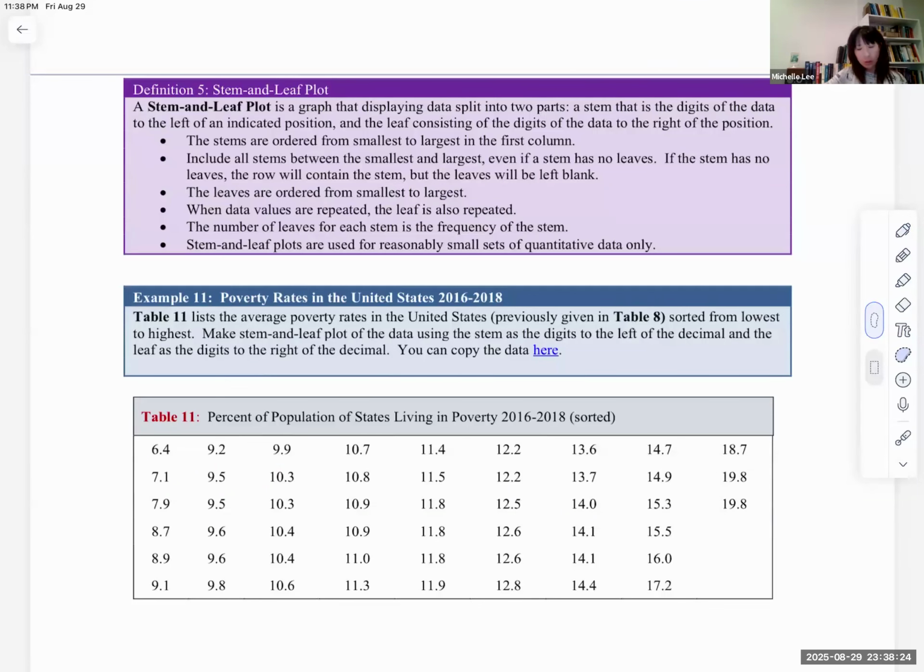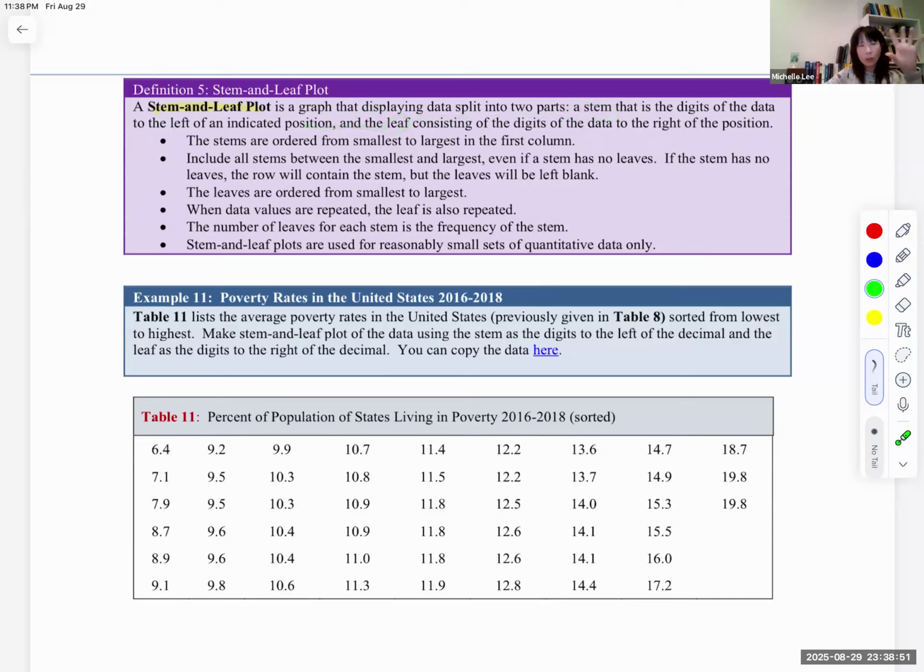Okay, so we have stem and leaf plot this time. So let's take a look. A stem and leaf plot is a graph displaying data split into 2 parts, a stem and a leaf, right?